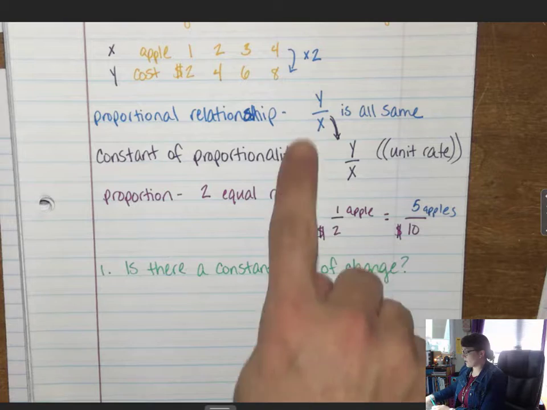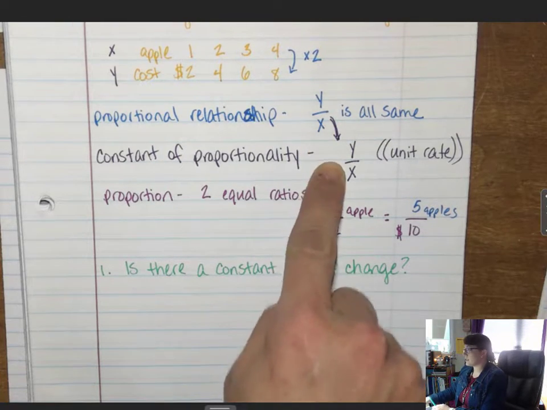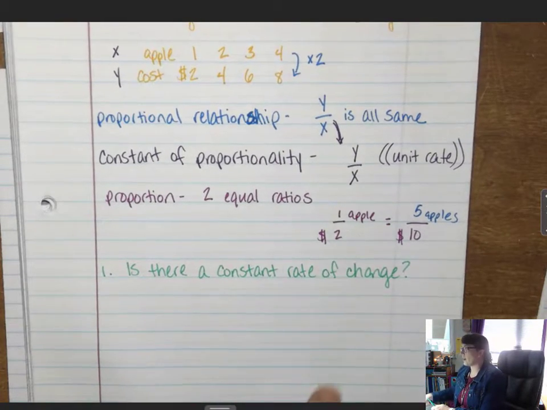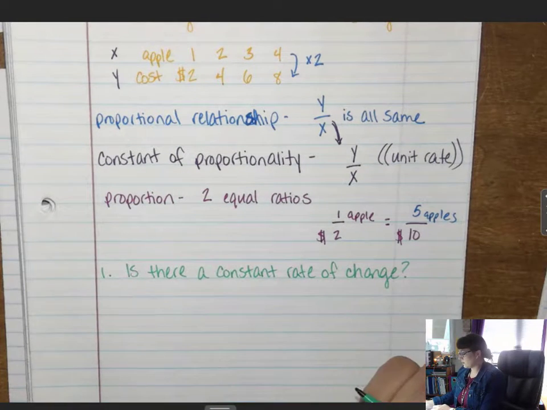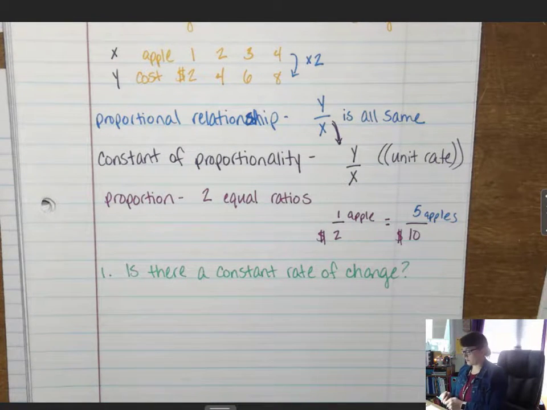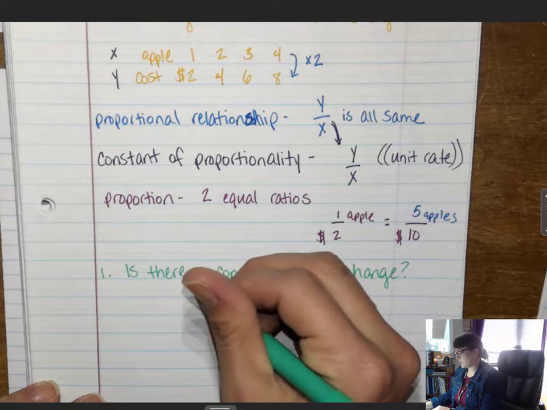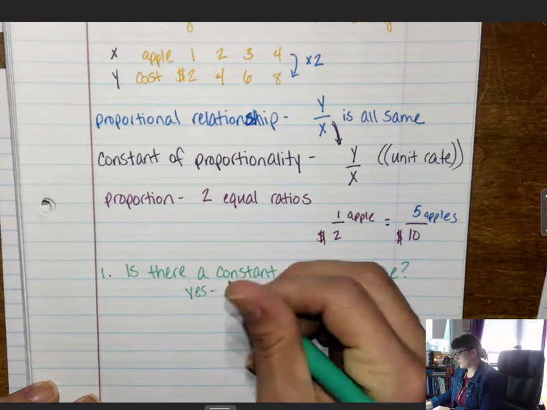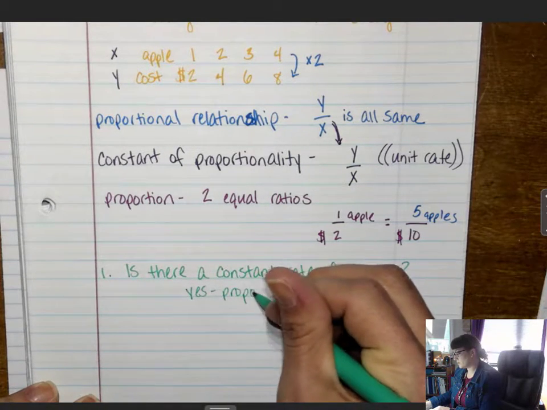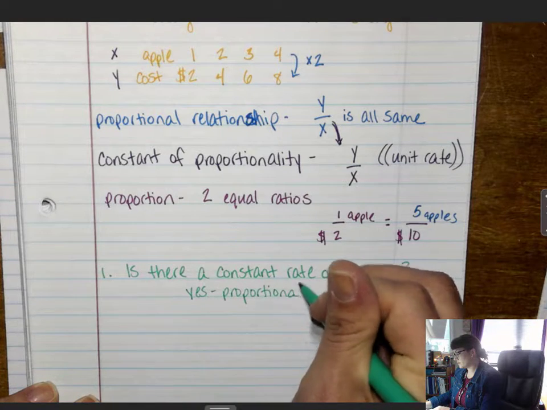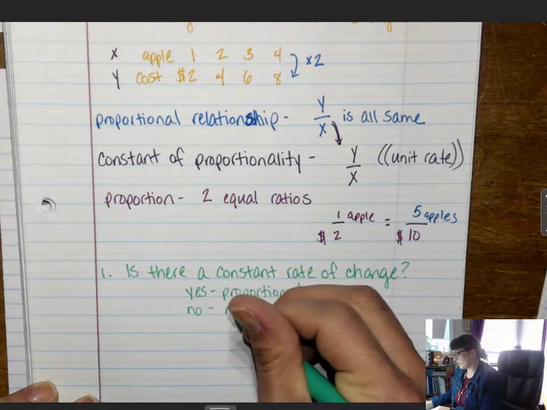And remember, the constant rate of change comes from that y over x piece. Is every y over x the same? Yes means it's proportional. No means it's not.